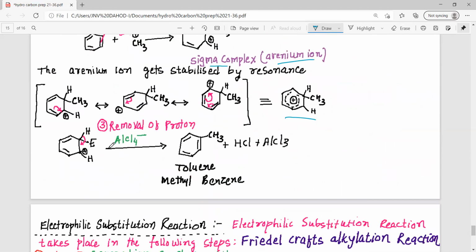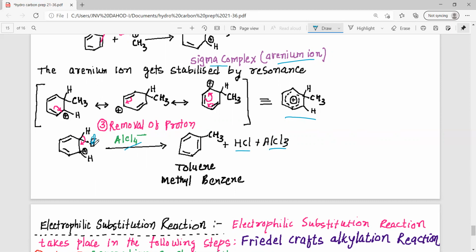That sigma complex or arenium ion, when it reacts with AlCl4 minus, H plus is being produced. AlCl4 minus turns out to be AlCl3 and Cl minus. This Cl minus combines with hydrogen to give us HCl, and we get the methyl benzene. Here we have the methyl group present.